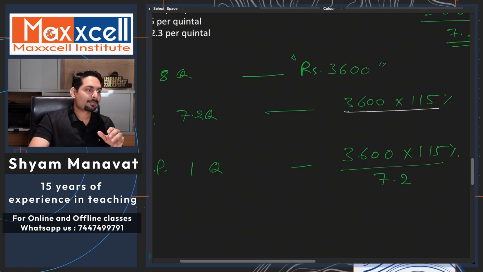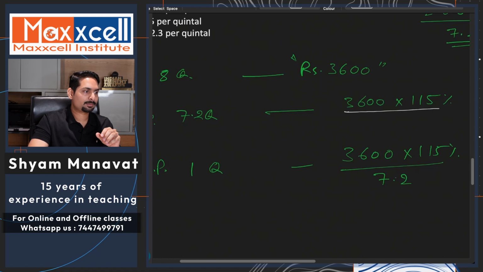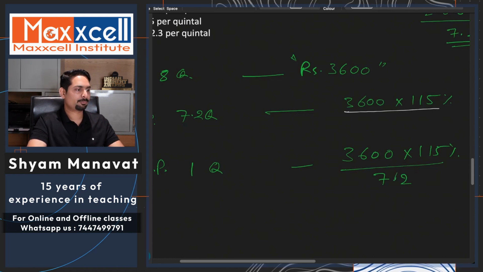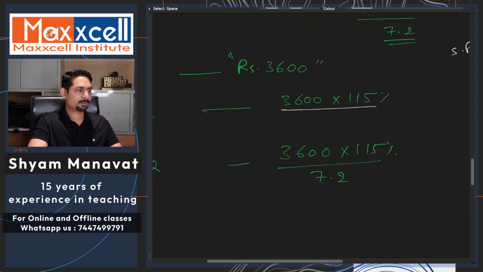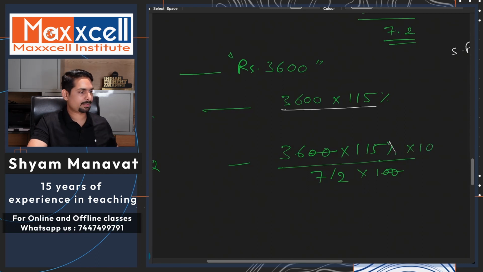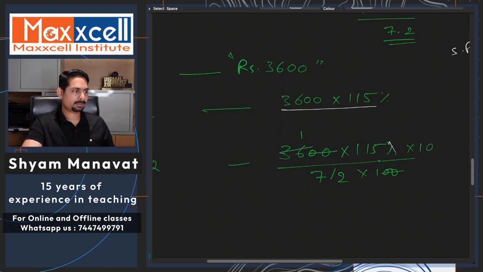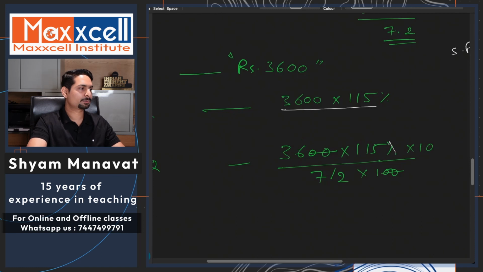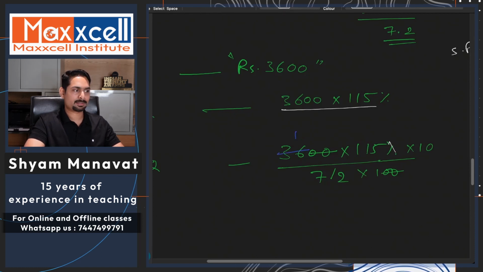Now remove the decimal. Before that, let me remove the percentage sign, so we have 100 down below. Here I remove 2 zeros, right? Again, if I remove the decimal from here, I should have 10 in the denominator, correct? 36 ones are 36 and 36 twos are 72.